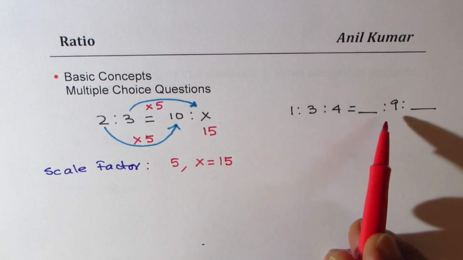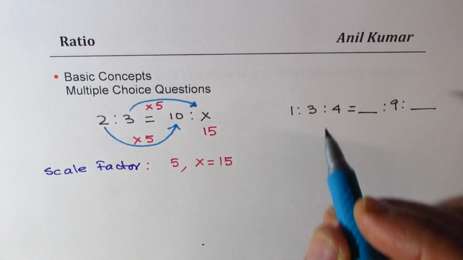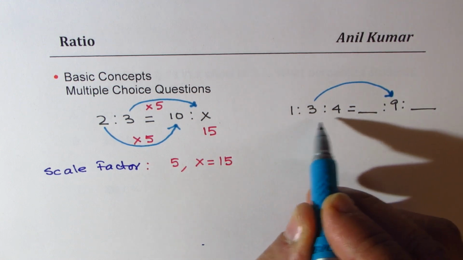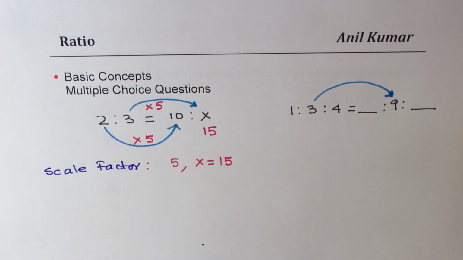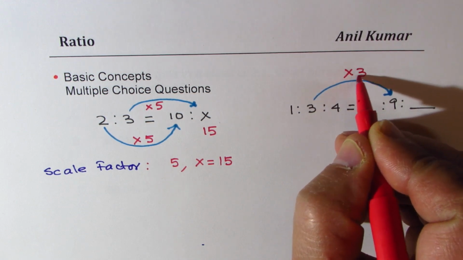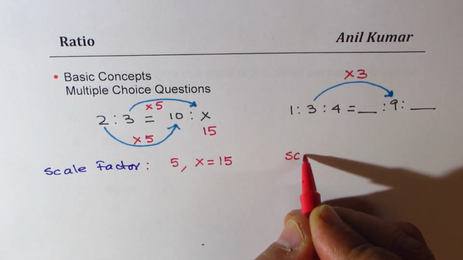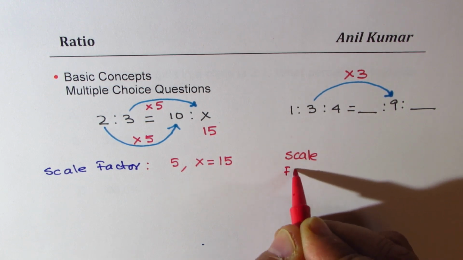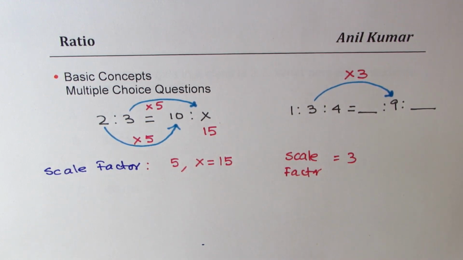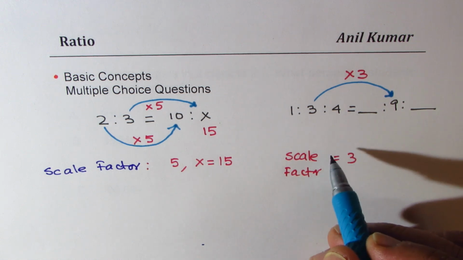Now let's look into this example. Here, how do I get 9 from 3? That's the center value, correct? Corresponding positions you need to look into. So you get it when you multiply by 3. So the scale factor here is 3. Now, once you know the scale factor, other things are simpler.